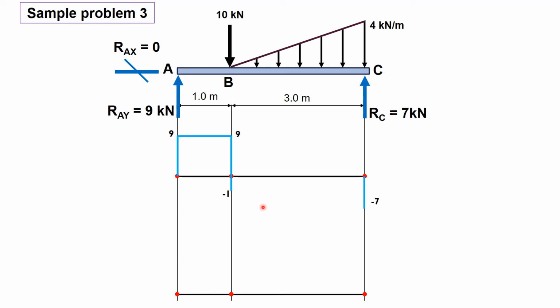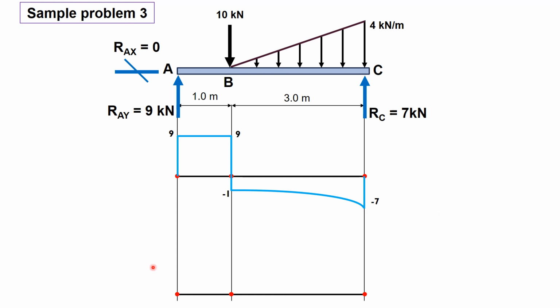So, according to the guideline, if the load is increasing, the shear is concave downward. So, if you connect these two, ganito magiging itsura. There. So, this is a curved line. So, again, this is not to scale. Although itsura niyan ay parang medyo horizontal, but this is a curved line. So, second degree na ito. So, later, saka natin lalagyan ng degree ng curve yan.